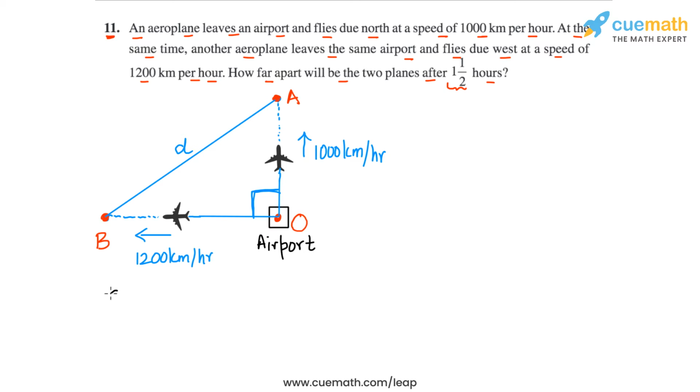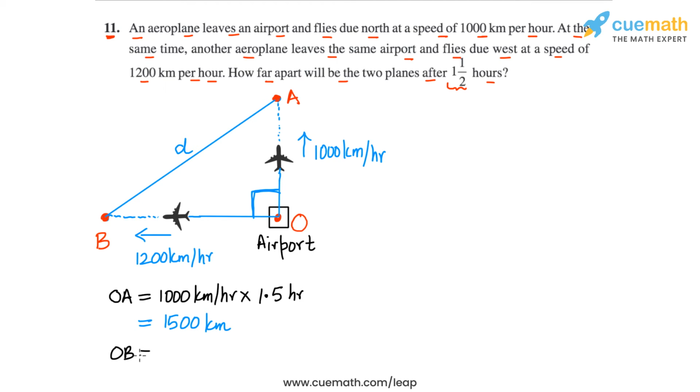So what will OA be equal to? OA is the distance covered by the first plane. So OA will be equal to the speed of the first plane, 1000 kilometers per hour, into the time traveled, 1.5 hours. So 1000 into 1.5 is 1500 kilometers. So we get OA as 1500 kilometers. Similarly, we can find OB.